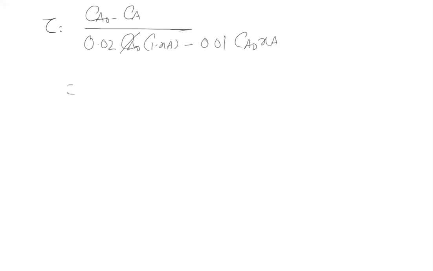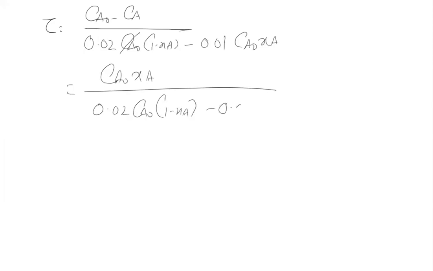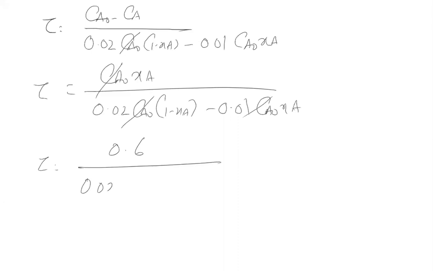So on the numerator we write CA naught into XA, divided by 0.02 into CA naught into 1 minus XA, minus 0.01 CA naught into XA. CA naught will cancel on both sides. If we substitute 60%, so 0.6 divided by 0.02 into 1 minus 0.6, minus 0.01 into 0.6.